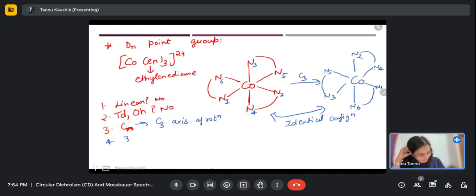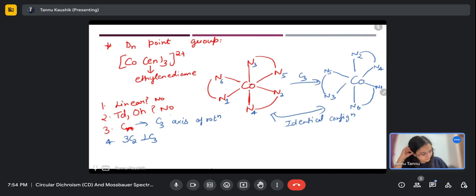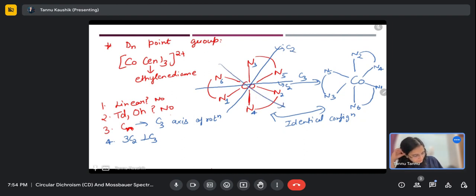Now, do we have 3 C2 perpendicular to this C3? So yes, we have C2 axis passing through the center of these ethylene diamine bonds. So these are the three C2 axes present in this molecule. Now the next question is, do we have a horizontal plane?